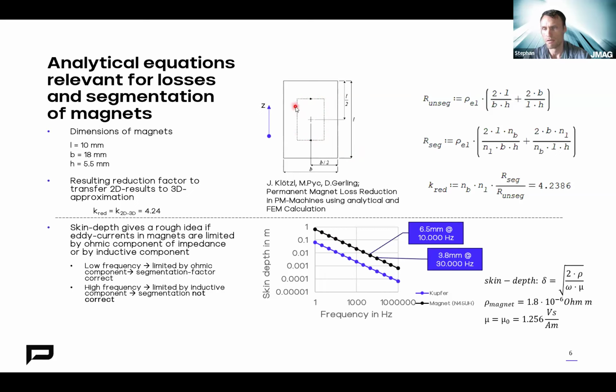And if you think of a 2D simulation, you would make this magnet endlessly long, then this component in the B direction becomes very small. And that's the idea of how to calculate this reduction factor for a 2D simulation to a 3D simulation.